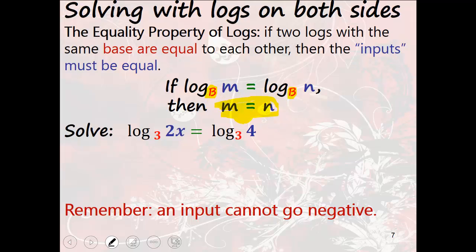So if you have a single log on both sides and the bases are the same, then what we have to do is just set our inputs equal to each other. Remember that an input has to stay positive. It can't go negative. So then we would have x is equal to 2. And when x is equal to 2, those two logs are exactly the same. So why don't you try the video question? Come on back.